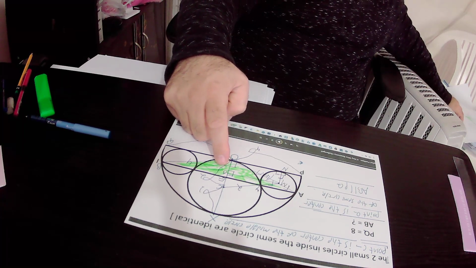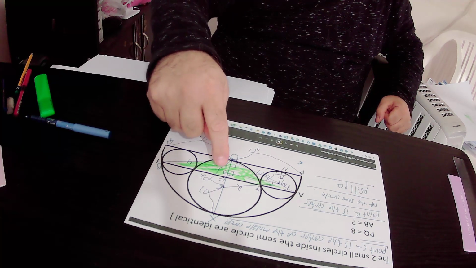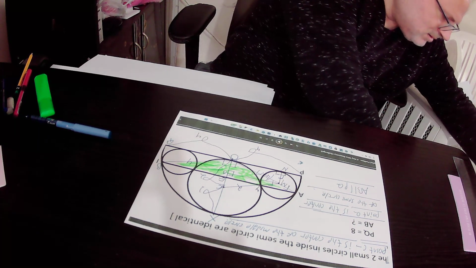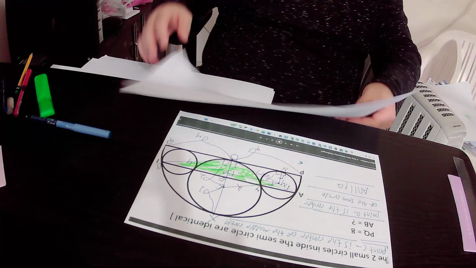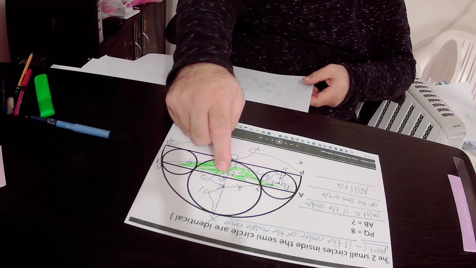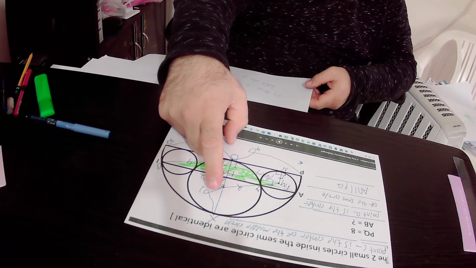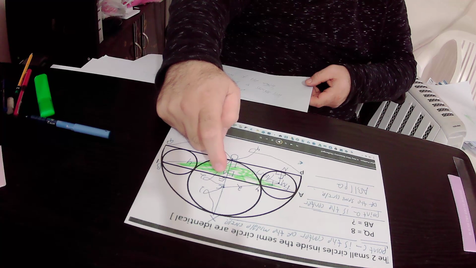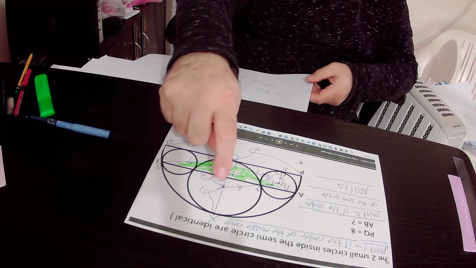So I go again, the right triangle OEB, and we proved that this angle is a right angle. And we know that OX is actually the radius of the semicircle, therefore it is a straight line.